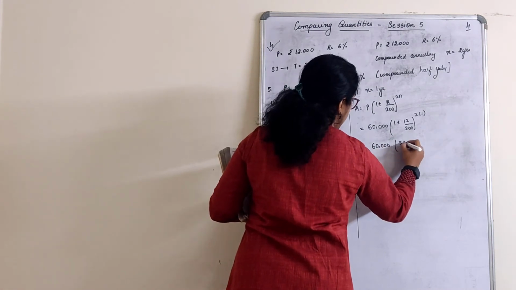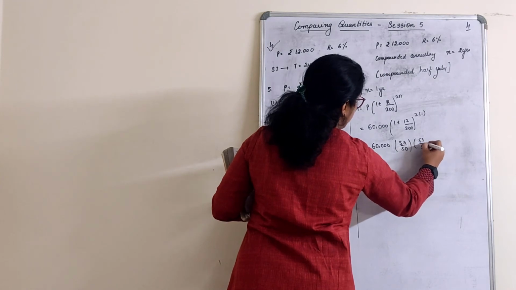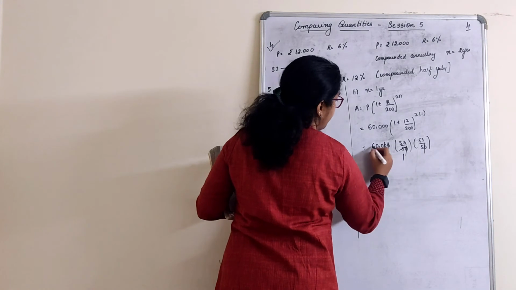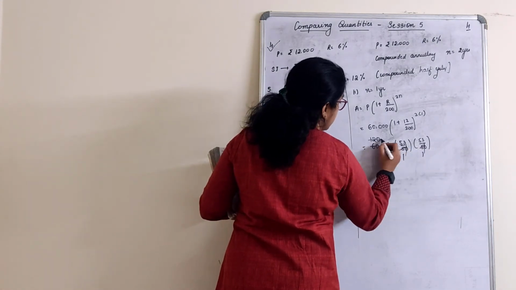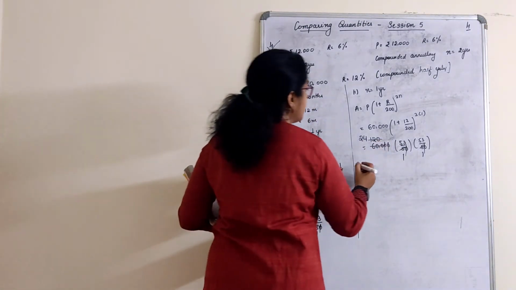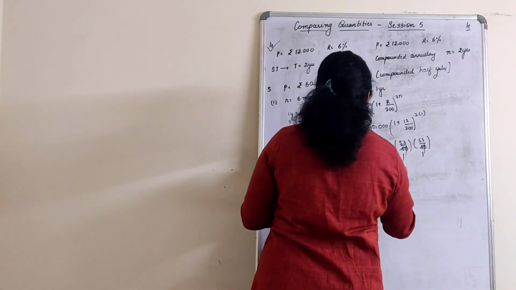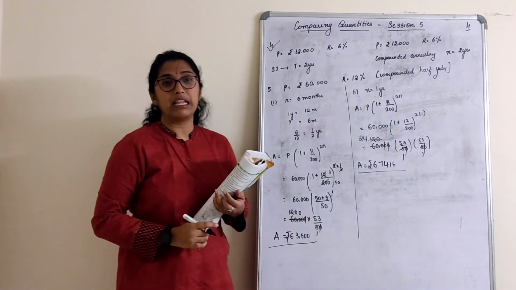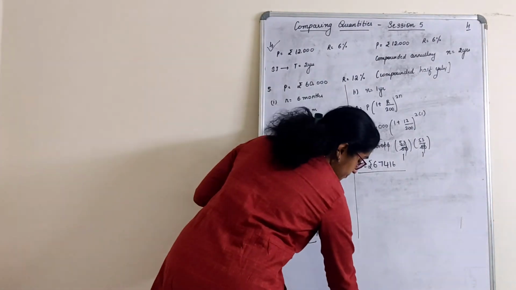That will be 53 upon 50, 53 upon 50 raised to 2. 2 zeros will get cancelled. 5 1s are 5, 5 12s are 60. 5 2s are 10, 5 4s are 24 into 53 into 53. You will get the amount as 67,460. That's all. They have only asked how much amount they'll get after 6 months and 1 year. Direct question what we have to keep it here.